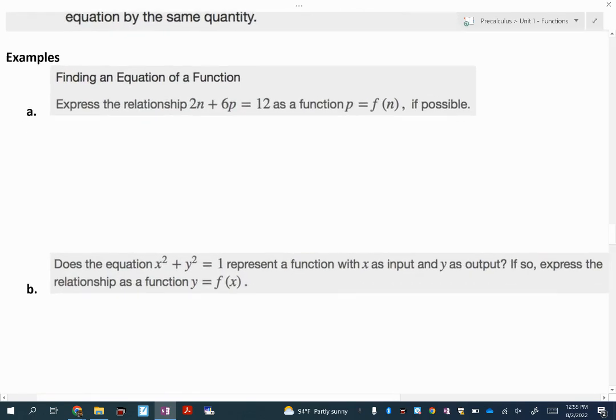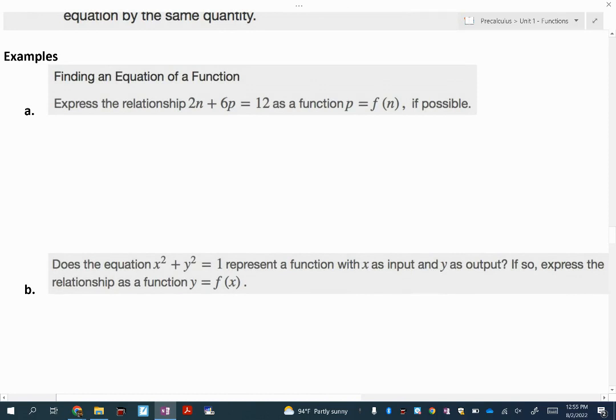So look at letter A, for example. It says to express the relationship 2n plus 6p equals 12 as a function, p equals f of n, if possible, if it's a function. So the way I always think of this is, we want to solve for that letter p. So I'm going to isolate p, which means moving the 2n to the other side, which gives me 6p equals 12 minus 2n.